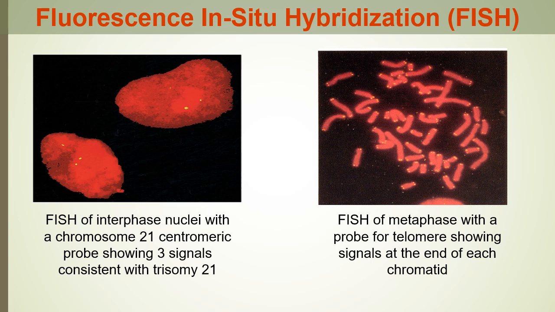In the second image, FISH of metaphase with a probe for telomere showing signals at the end of each chromatid is shown. So, a gene or any particular region can be detected by using a suitable fluorescent probe.